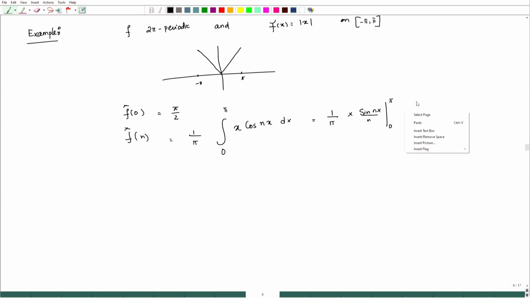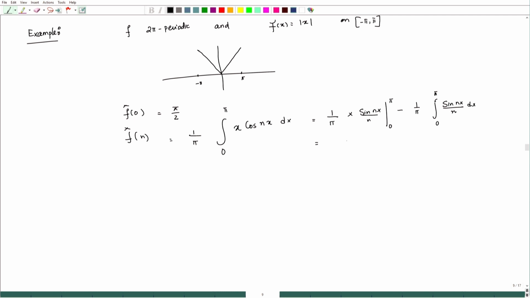that is going to vanish, the first part, and then minus 1 over pi integral from 0 to pi of sin n x by n dx.